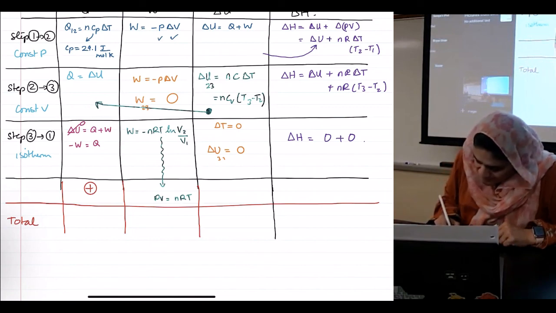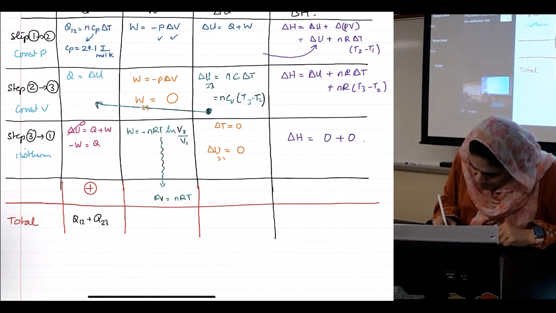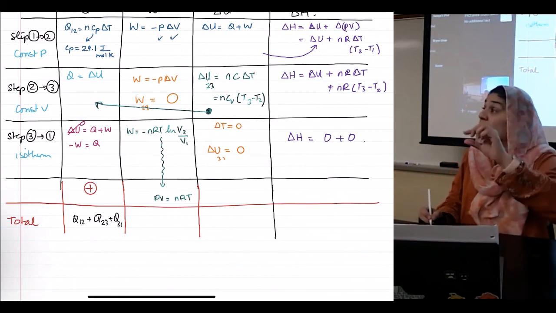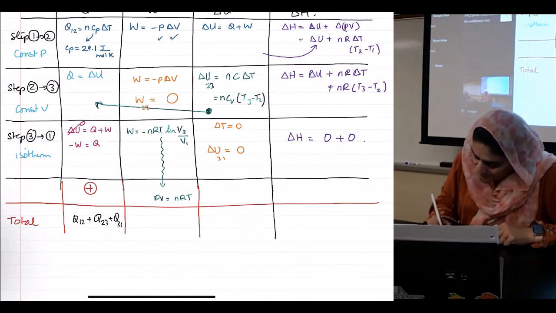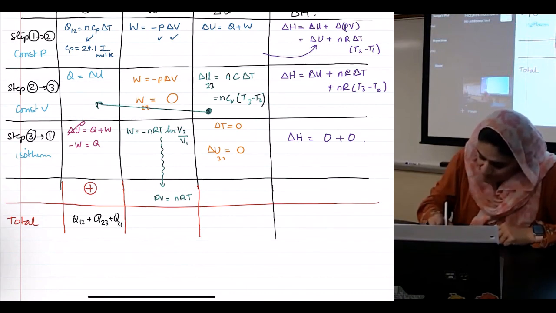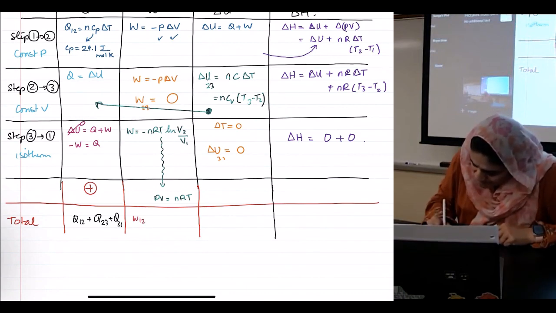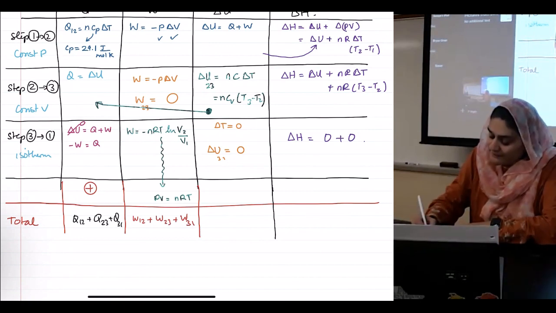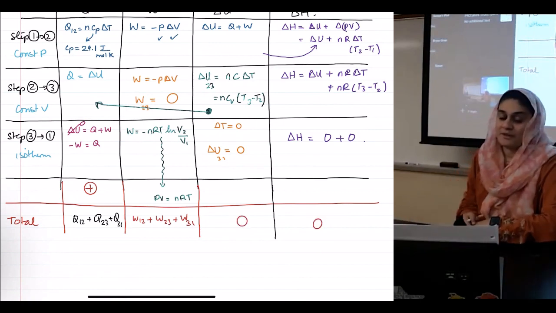So for example, this would be Q12 plus Q23 plus Q31. Get it? Whatever numbers you get, you're just going to add them together. This will be W12 plus W23 plus W31. That's the total cycle. You just literally will add. And I believe this one will come out to be 0 and this one will come out to be 0.